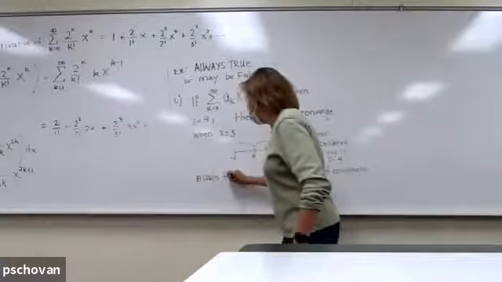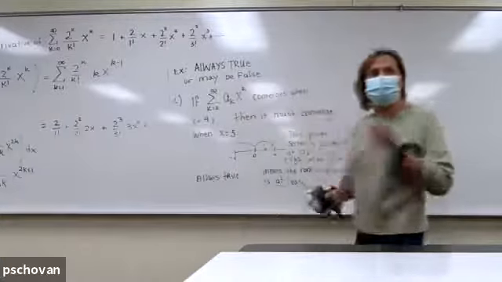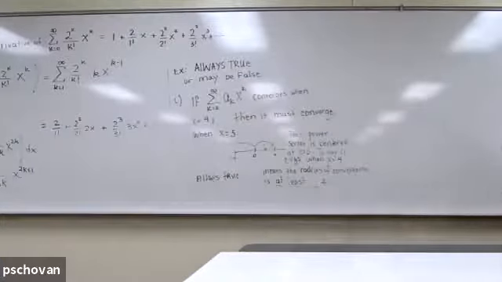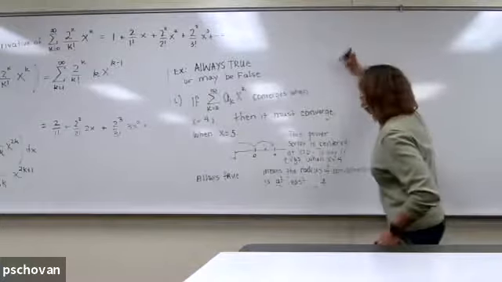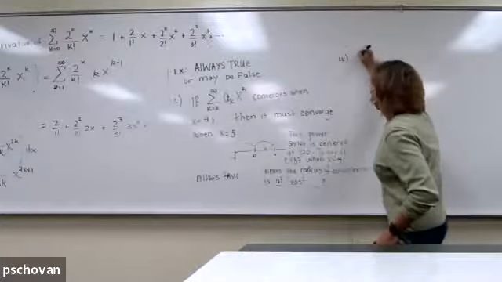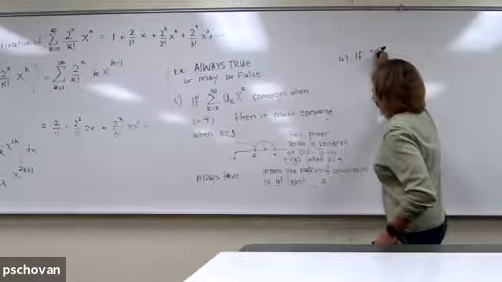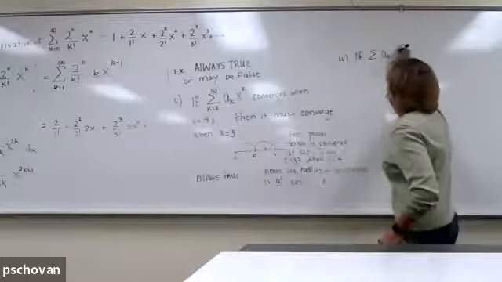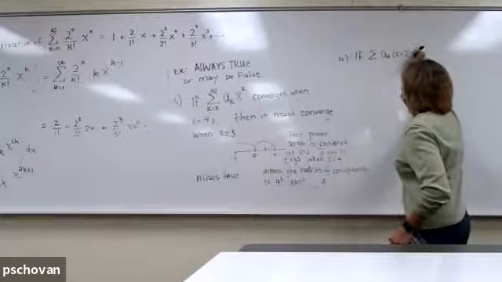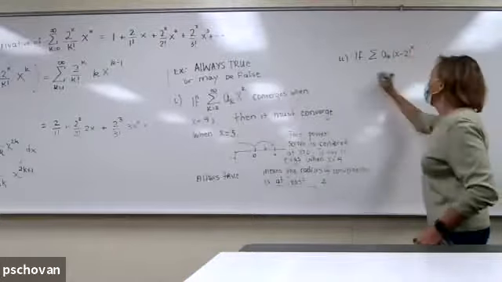So let's kind of change it a little bit. Let's take the power series ak times (x minus 2) to the k.